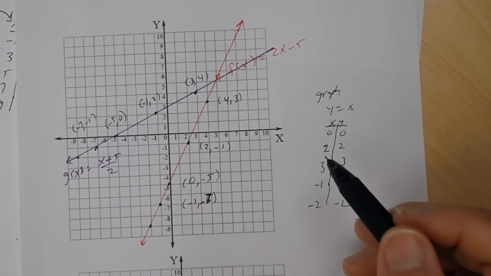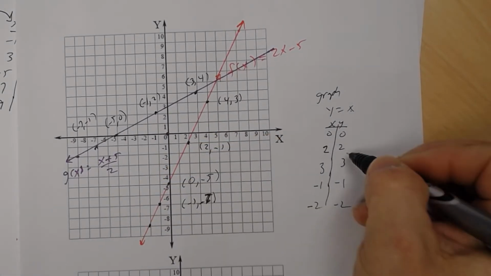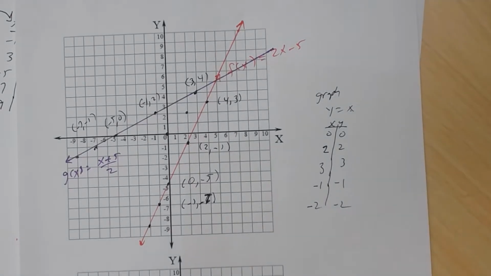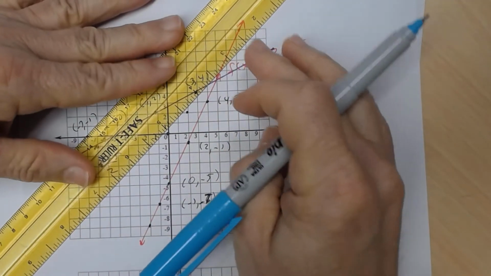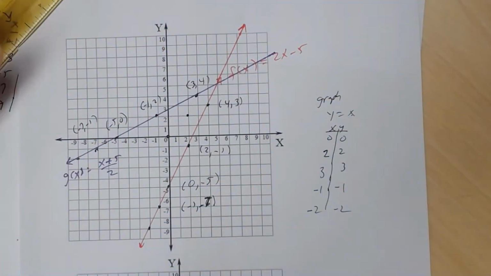All right, now if I plot those points, I'm just going to do 2 of them. So the origin, 0, 0 is the origin, and 2, 2 is right here. So if I plot those points and draw the line, I need to do as good a job as I can with this. Maybe I need to do one more.